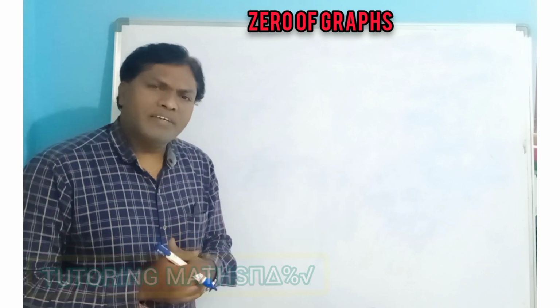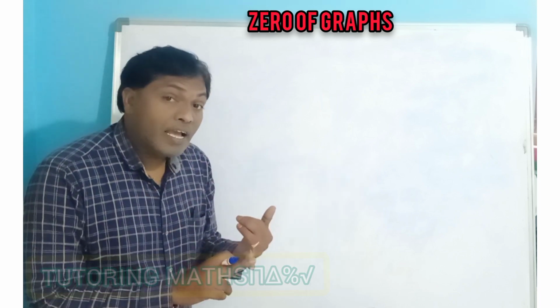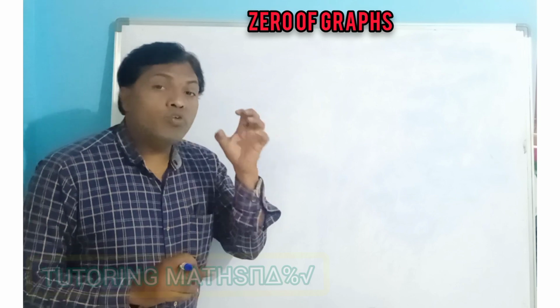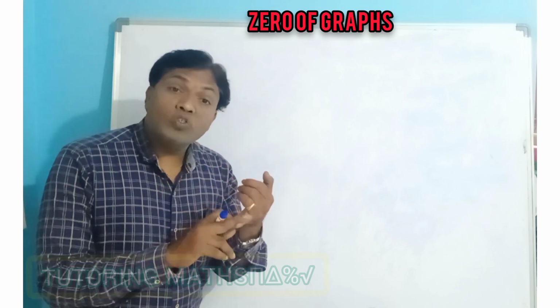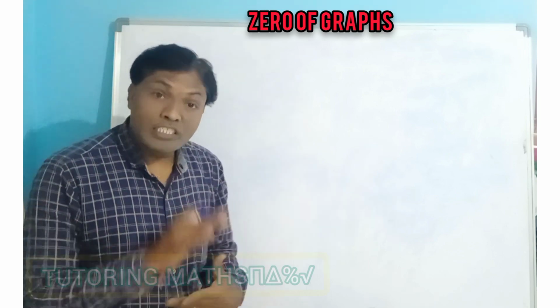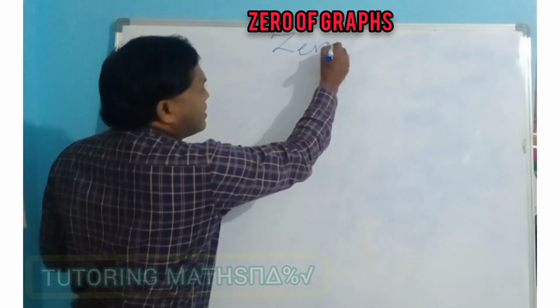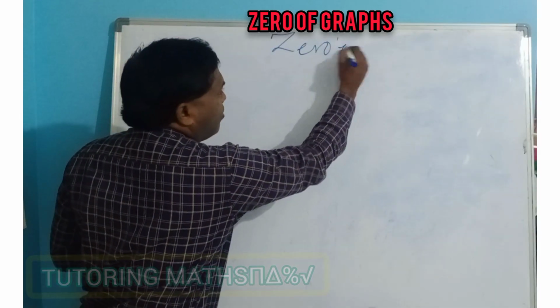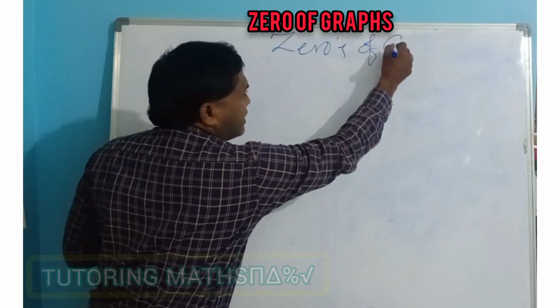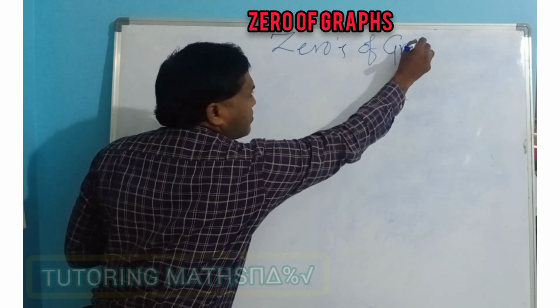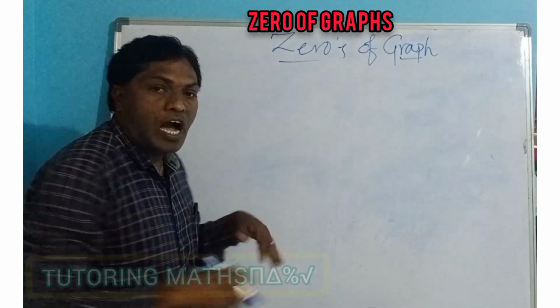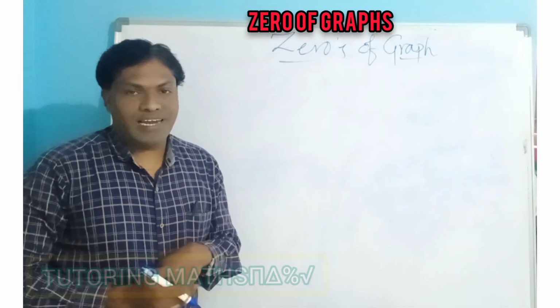In the same manner, now let us see how we find zeros of a graph.